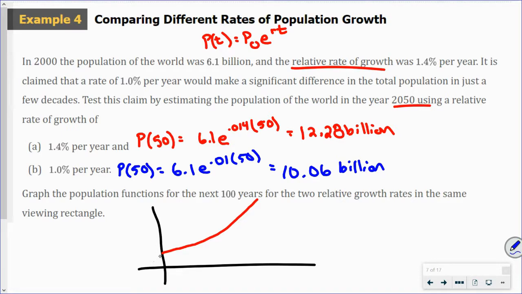And then the blue one starts in the same spot, but slowly over time, they start separating. In a few years, they're really close, but after 100 years or even after 50 years, they're 2.2 billion away from each other.